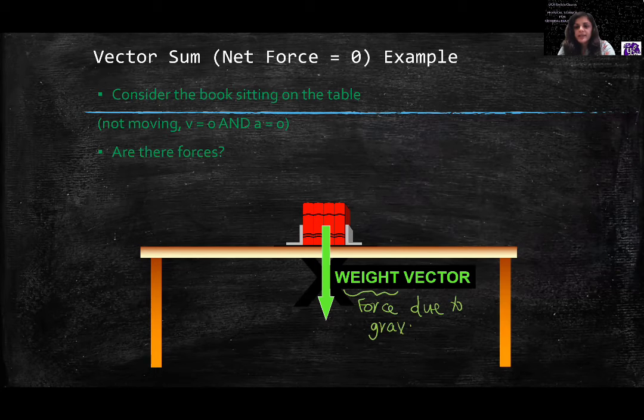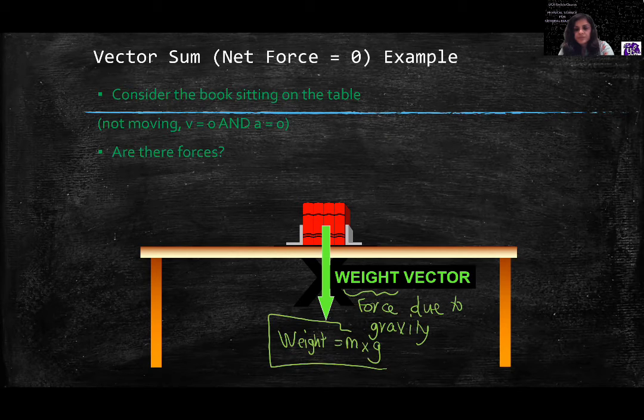Objects fall because a force is pulling them and causing a change in motion, and that force is the force due to gravity. When we get the force due to gravity, we call that the weight. So your weight is equal to your mass times your acceleration due to gravity. So we have one way of getting the weight.